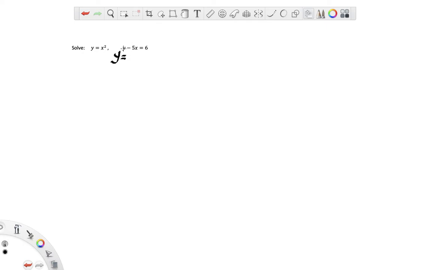So I need this equation in terms of y, so that would be 6 plus 5x. And that's that equation in terms of y. Okay, I can now set x squared equal to 6 plus 5x because both of these equations start with y. So therefore x squared is equal to 6 plus 5x.